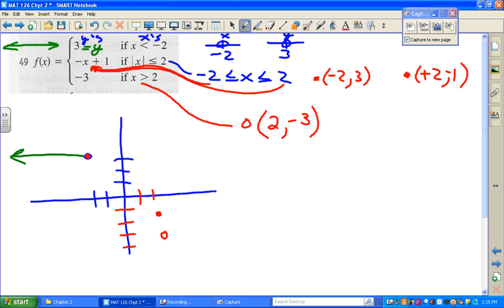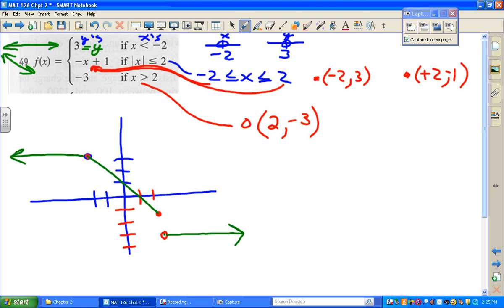It's just a straight line, isn't it? Has negative slope, should go through 1, which it will. And there you go. It connects. That's because this is a line that goes downhill. And this one, another horizontal line. And it's going which way? To the right. There you go.